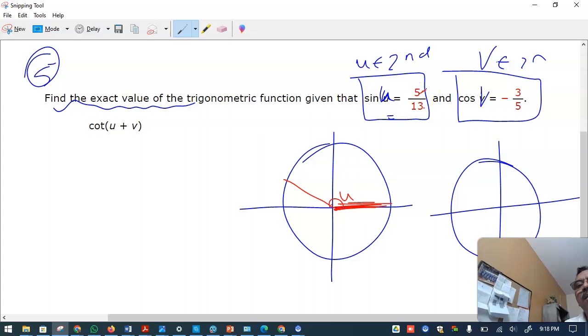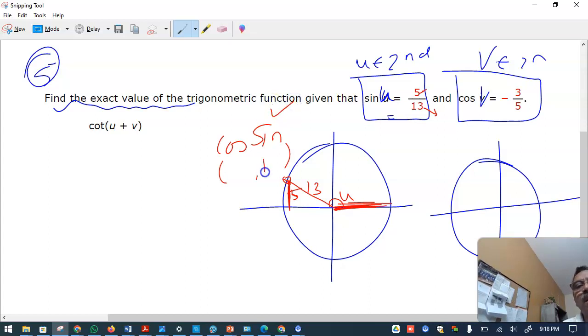The sine is opposite over hypotenuse, right? So I'm trying to make a triangle right here, where this is 5, and this is 13. See how beautiful this is. So this is the cosine, and that's the sine. So you're given sine of u is 5 over 13.